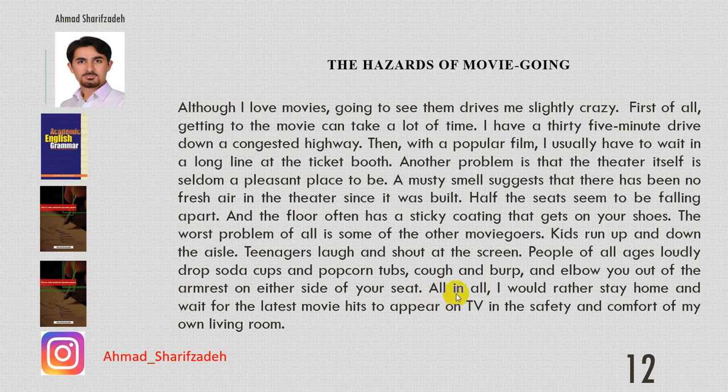This is a transition. This means that we are ending the paragraph. All in all, to sum up, in short, in summary, all these words show that you are finishing the discussion. They are called transition words.